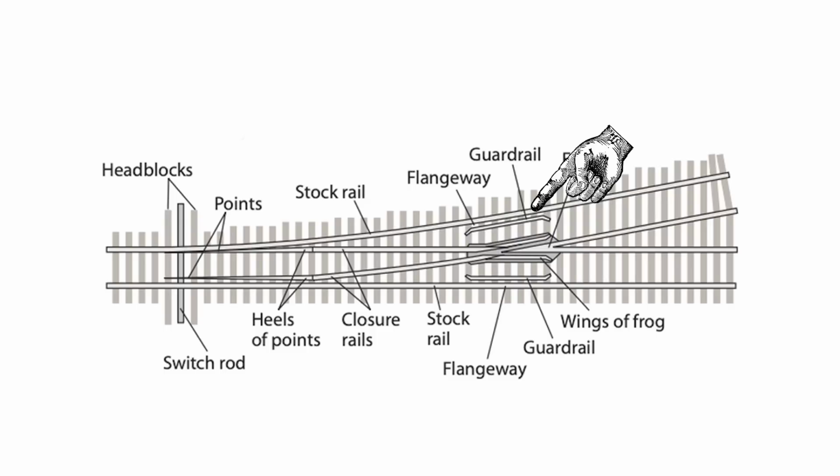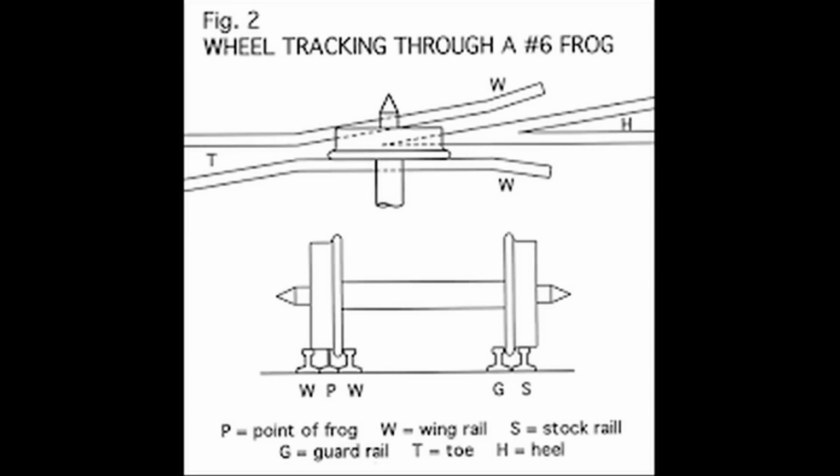But I think most of the commercially available switches, I think all of the commercially available switches, utilize a guardrail. And when you're building your own switch, that's really the only way to go. Trying to duplicate the modern self-correcting frogs, it'd be a trick, but it could be done. Here's a graphic showing how the guardrail will prevent the wheel from picking the frog.